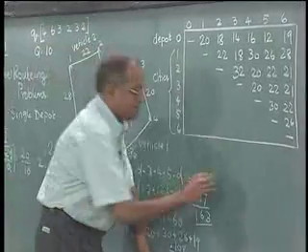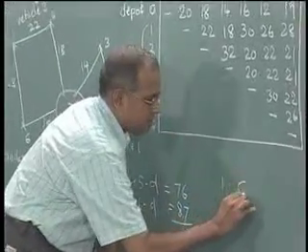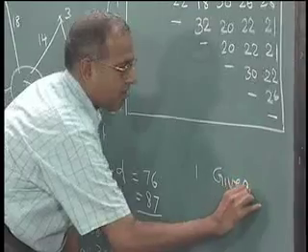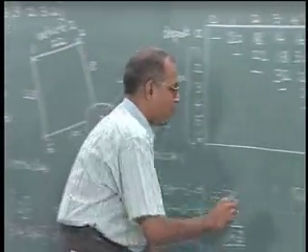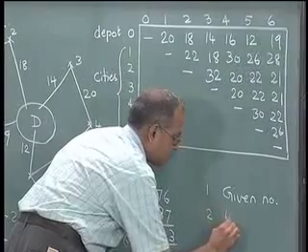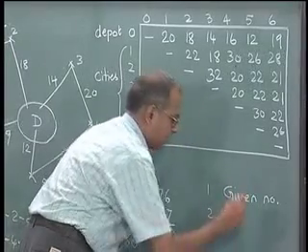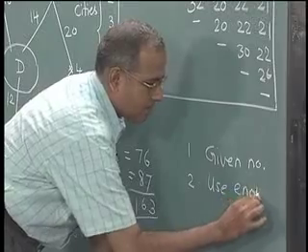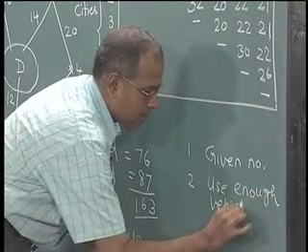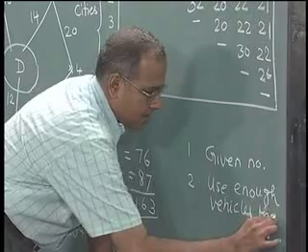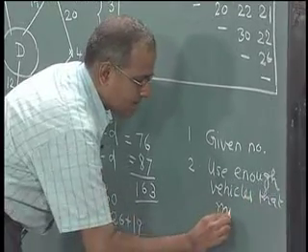One is to use a given number of vehicles, and the second problem would be to use enough vehicles that minimize distance.